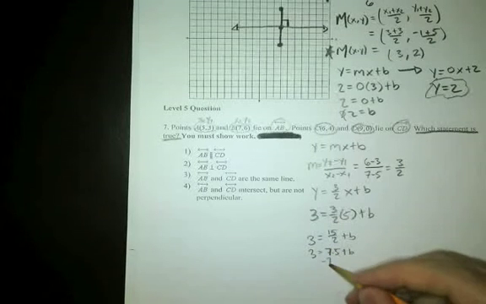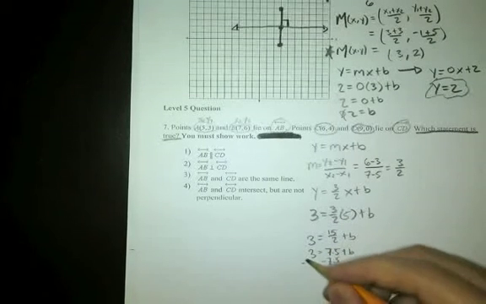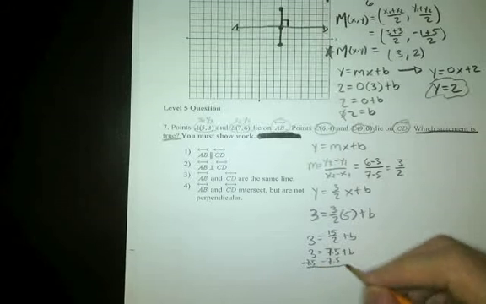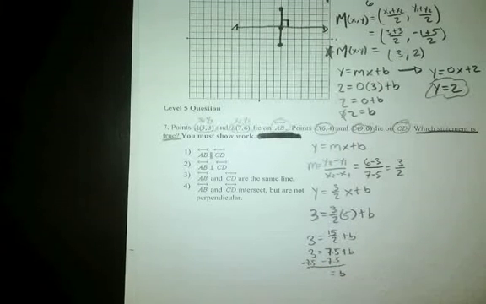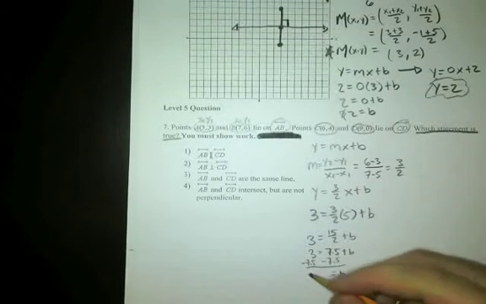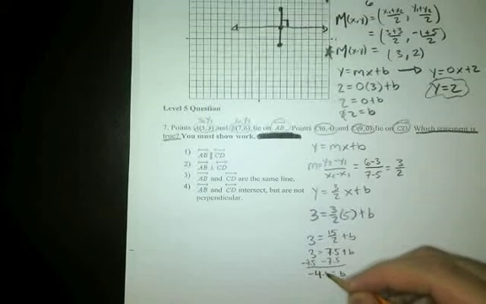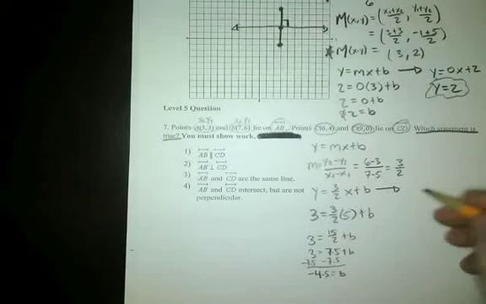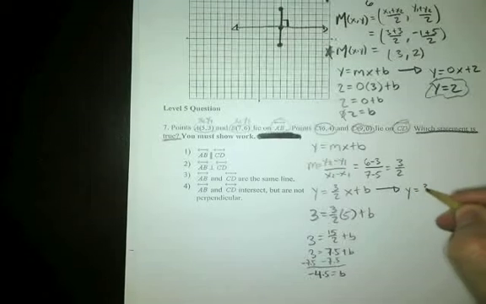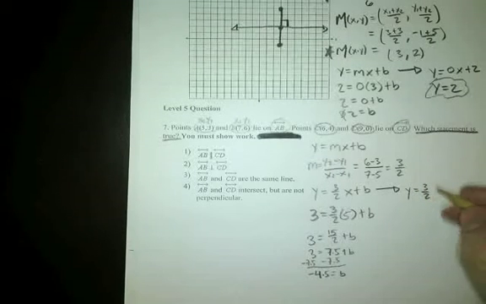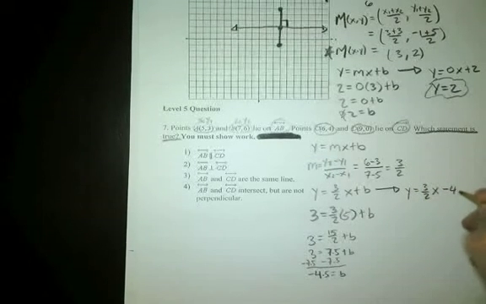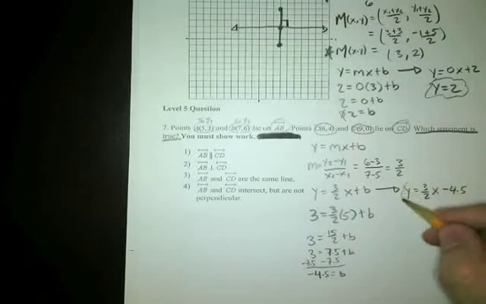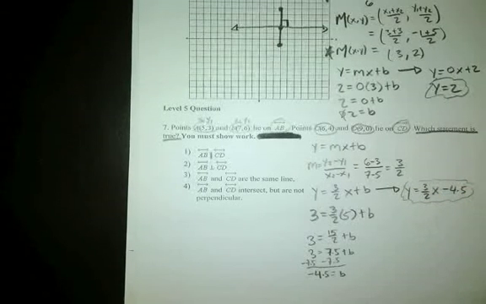Subtract 7.5 from both sides, and I get b is equal to negative 4.5. So this equation can be rewritten as y is equal to 3 over 2x minus 4.5, and that is one of the two equations.